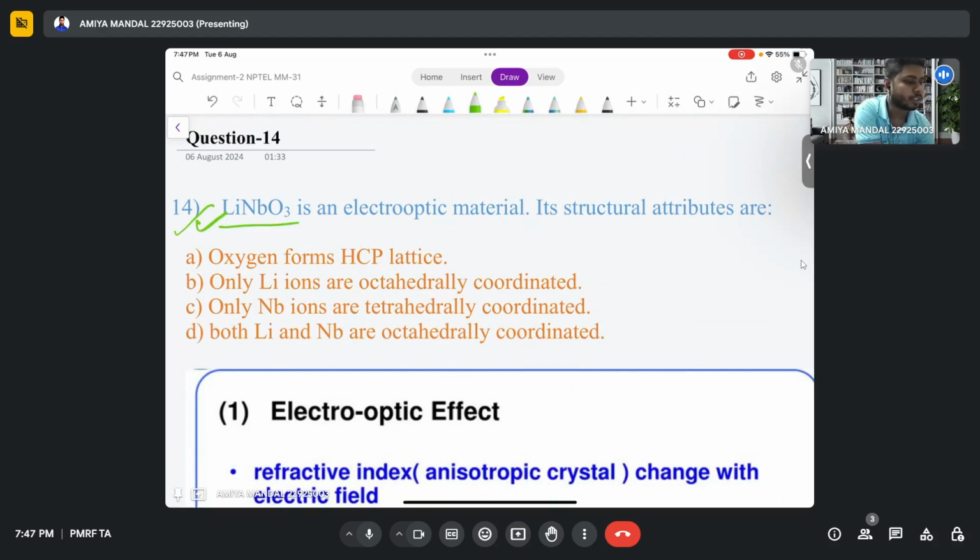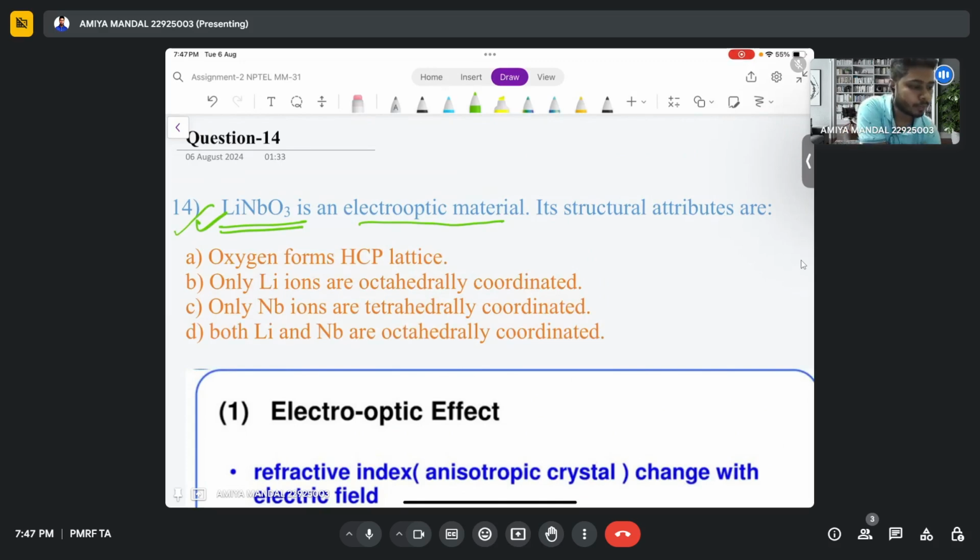Lithium niobate is an optoelectric material. But why is this an optoelectric material? What is optoelectricity? We will try to understand everything. And for optoelectric material, what will be the structure?